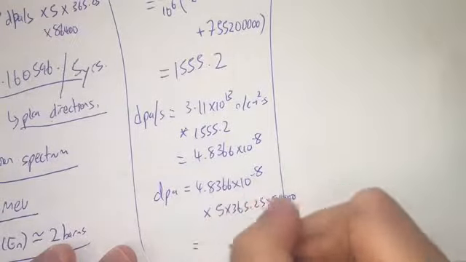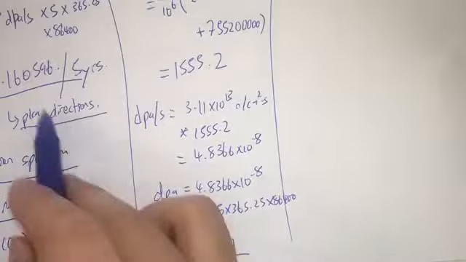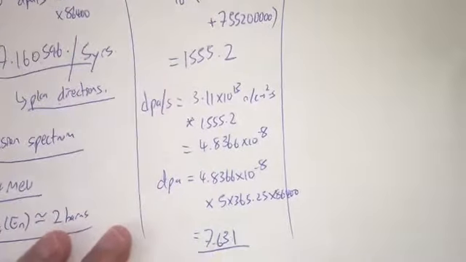Now that will be equal to 7.631. Now if you look at these two numbers, they look so similar that you think that fusion neutrons don't really cause that much more damage.